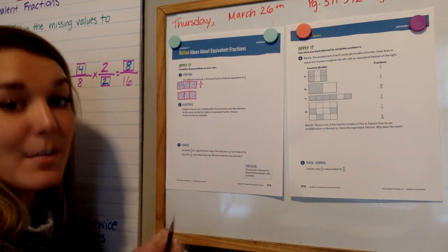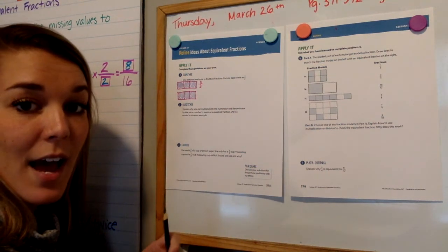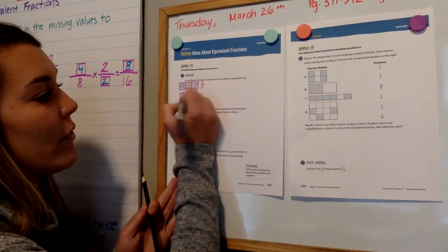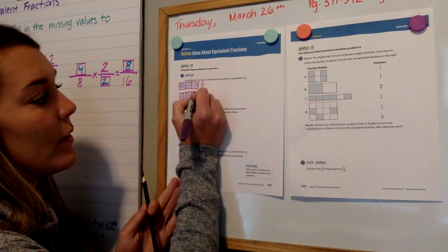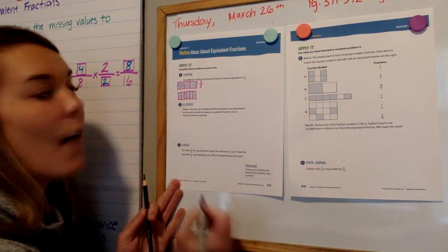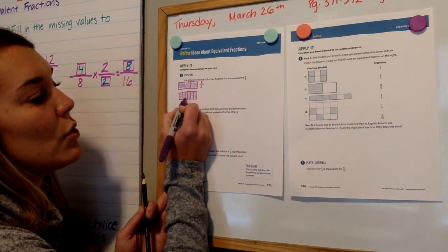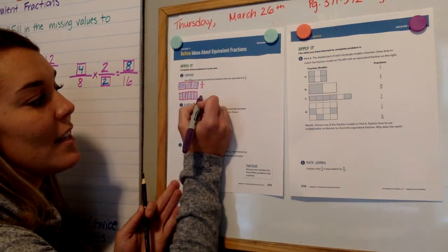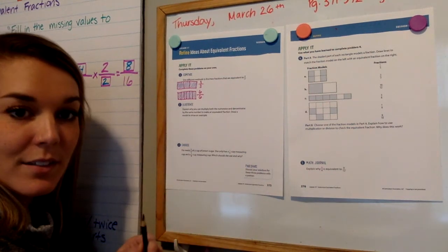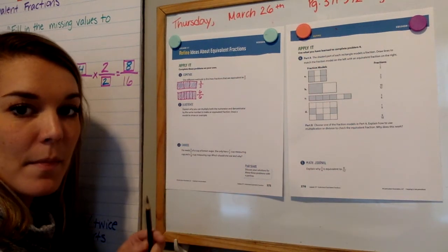Now, I can make this be twice as many by cutting these in half. Okay? Now I have 1, 2, 3, 4, 5, 6. 6 equal parts, and 6 of them are shaded. Okay?